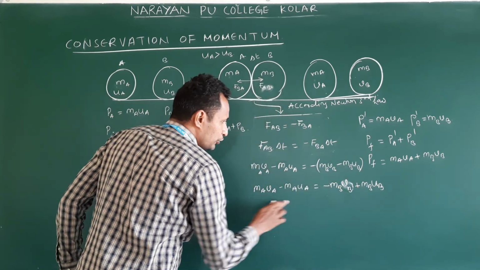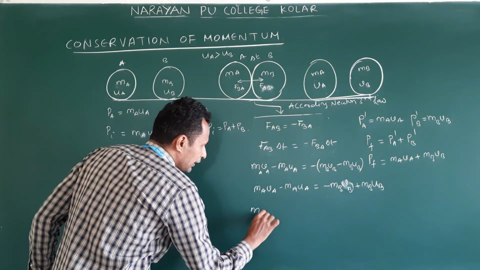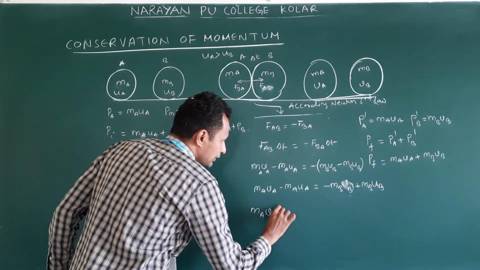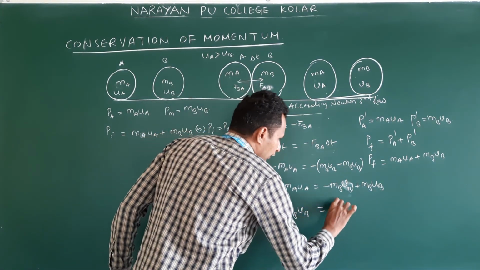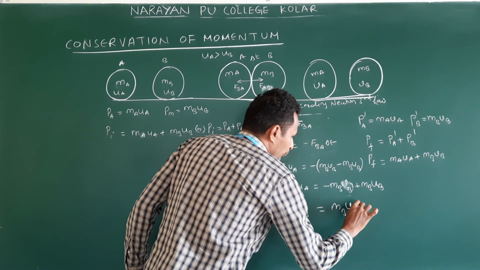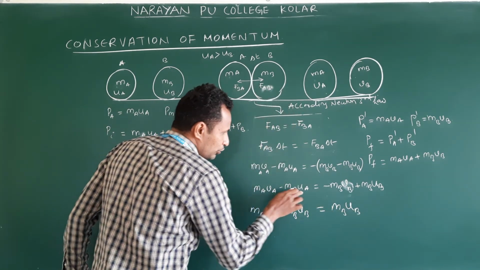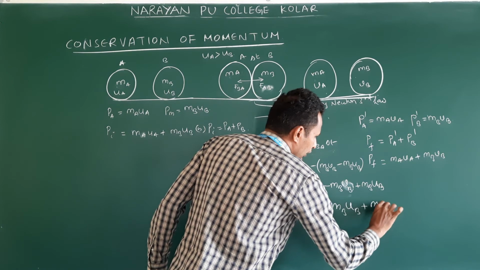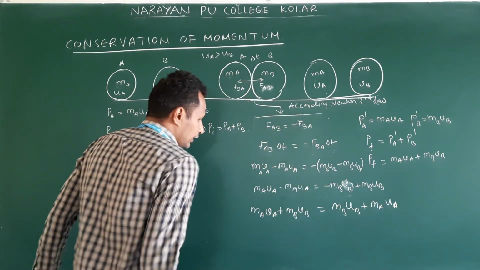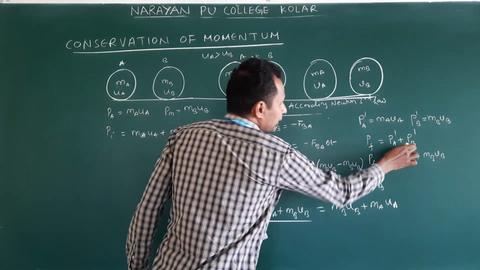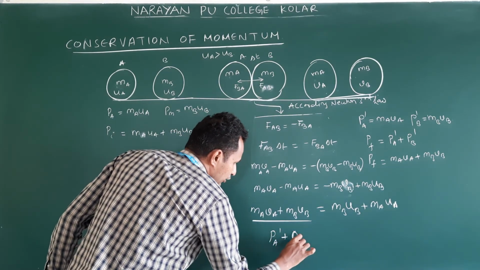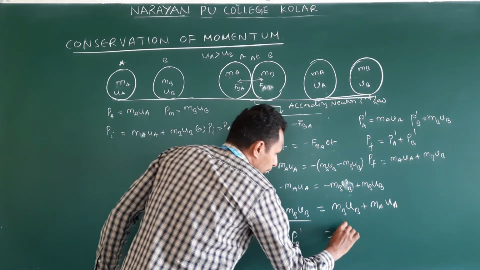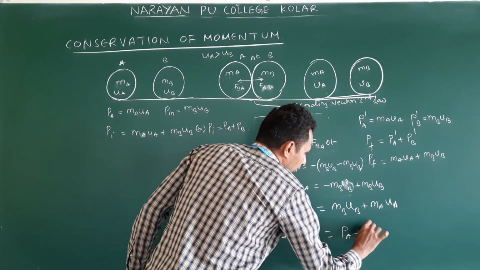Now these are V terms actually. V terms on one side, U terms on one side, right? MAVA plus MBVB is equal to MBUB, and MAUA comes to this side, plus MAUA. What is this? PA dash plus PB dash is equal to PA plus PB.